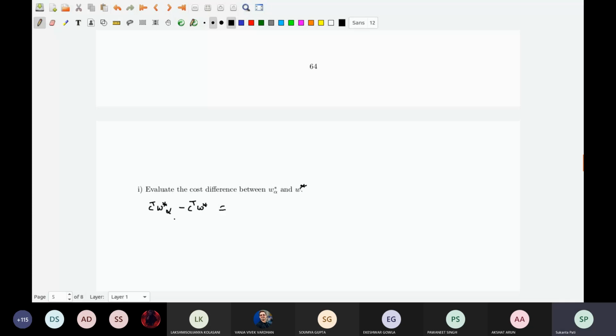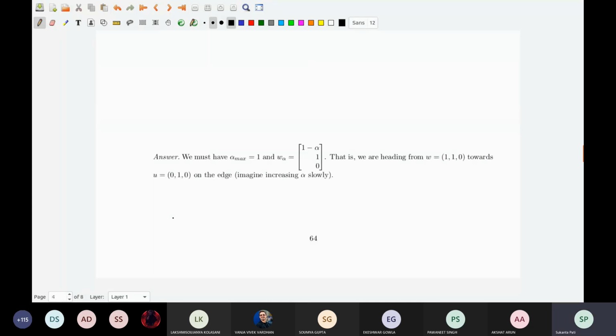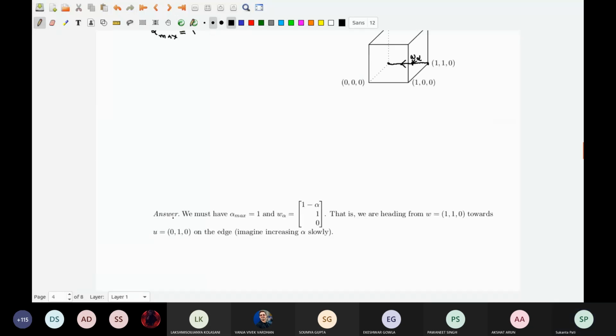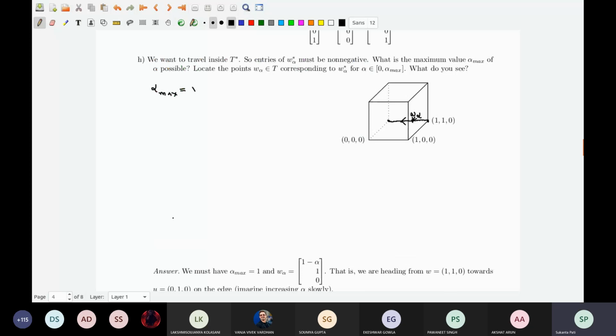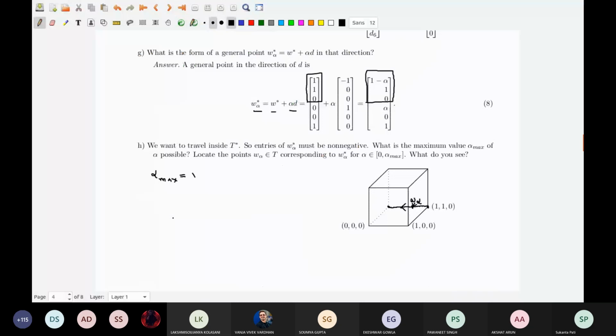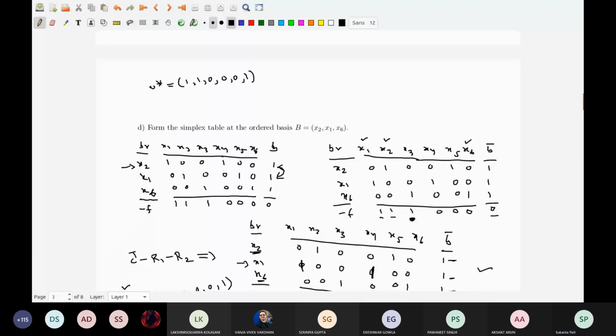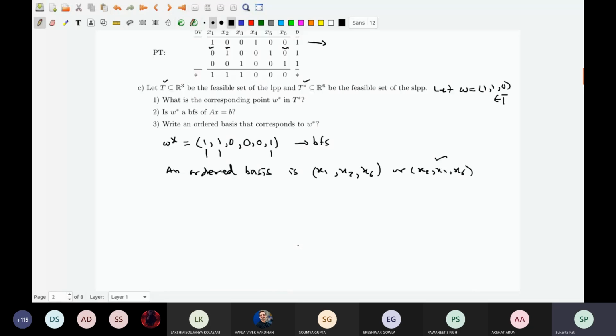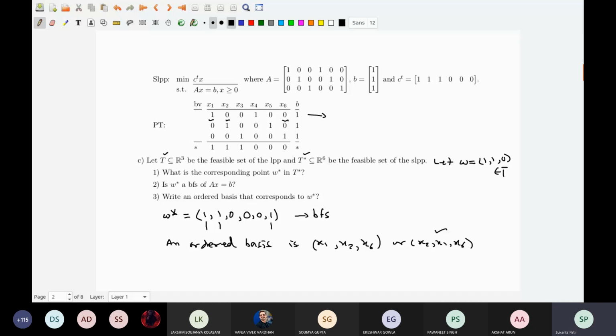What was my C transpose? C transpose was 1 1 1, right? I want to minimize x1 plus x2 plus x3, no? So C transpose was 1 1 1.